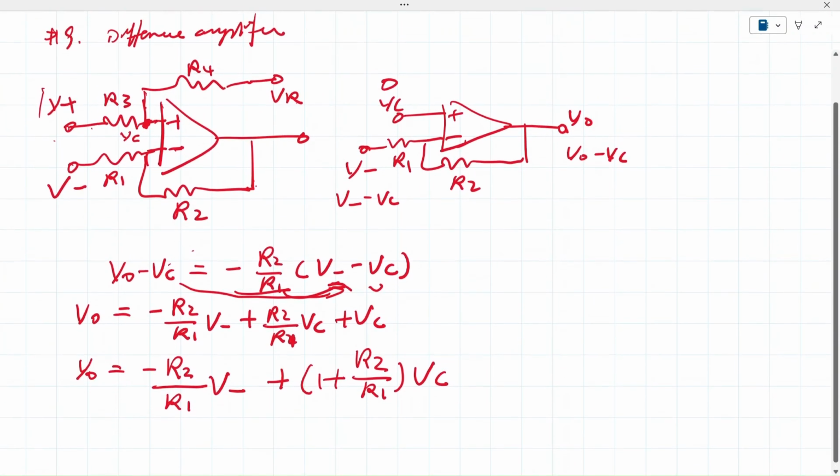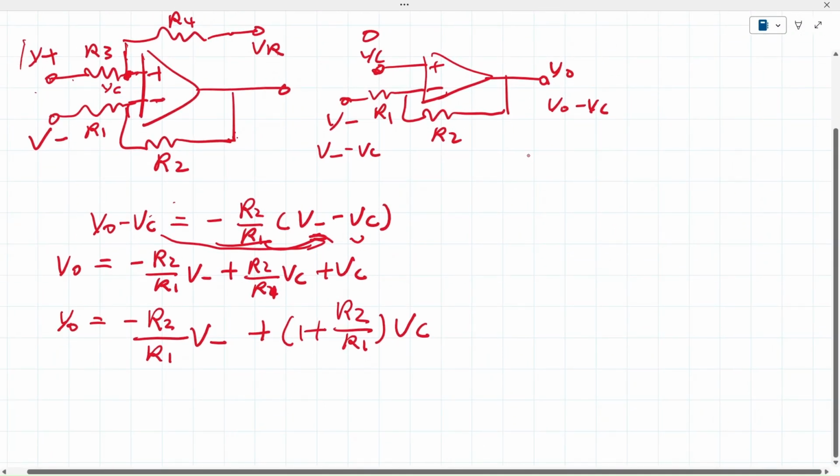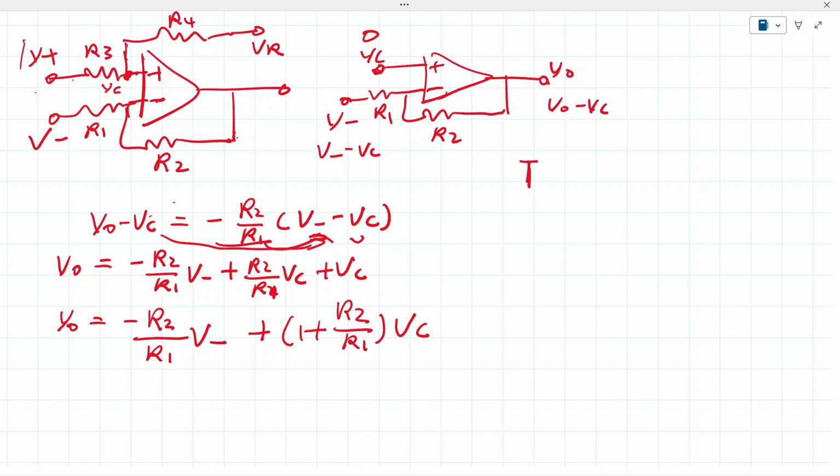Now, we already took care of this part. So now we take care of the VC part. What is VC? VC we could draw in different ways. If you look back to the diagram, we have V plus, and it goes through a resistor R3 and another resistor R4, then goes to VR.